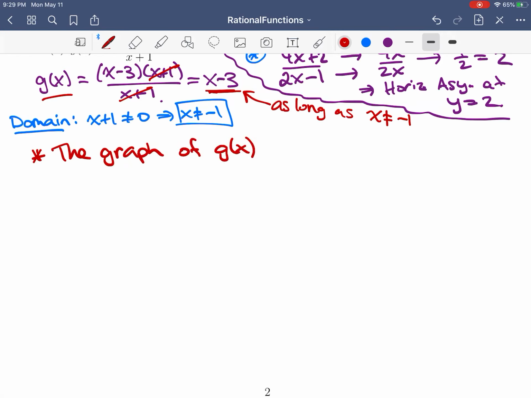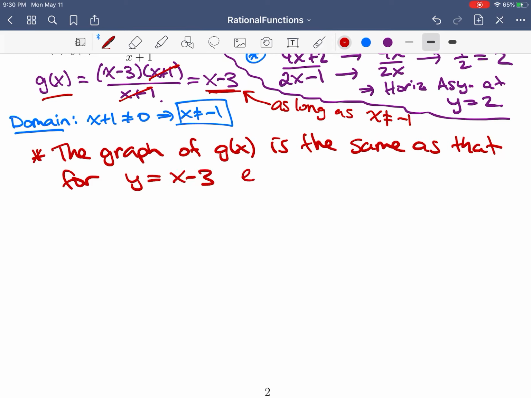So the graph of g of x is the same as that for y equals x minus 3, except when x equals negative 1.